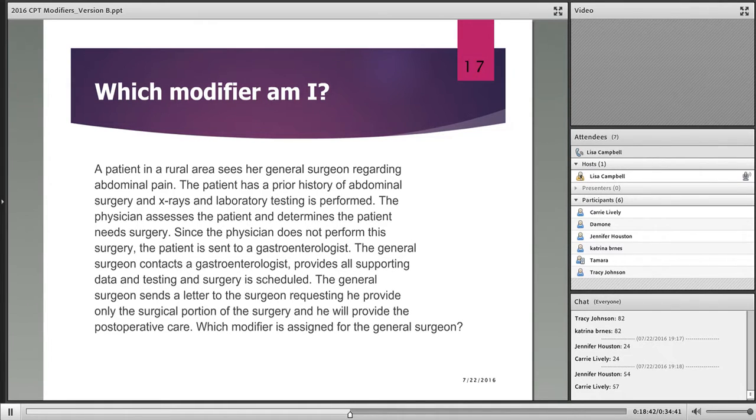The general surgeon contacts the gastroenterologist, provides all the supporting data and the testing, and the surgery is scheduled. The general surgeon sends a letter to the surgeon requesting that he provide the surgery portion only, and he will provide the postoperative care. So which modifier is assigned for the general surgeon?